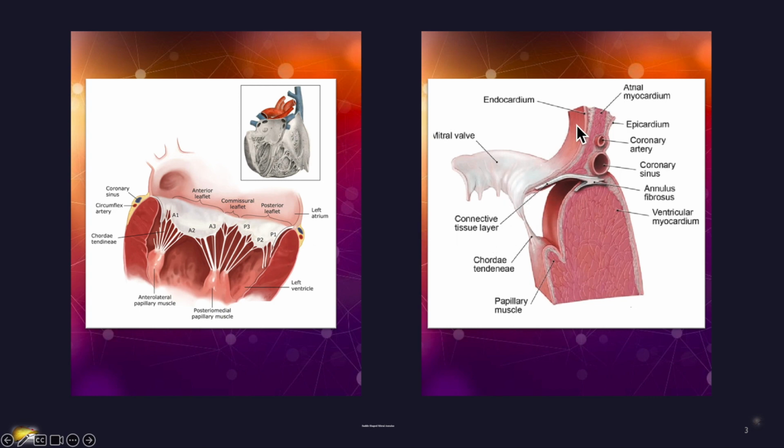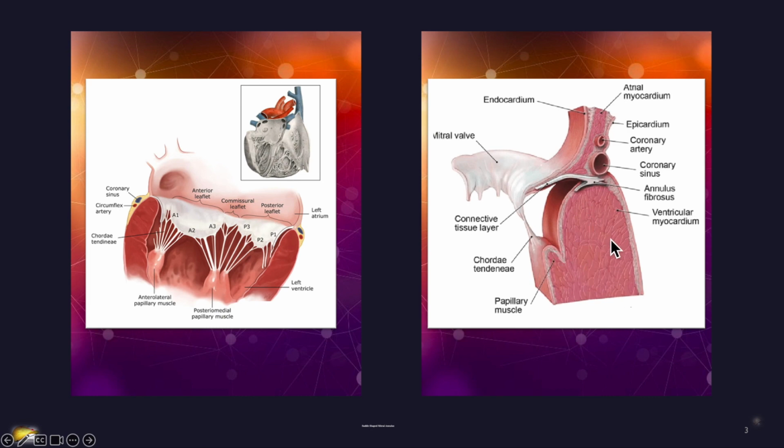In another cut section of the heart in a diagram, you notice this is the left atrium, this is the mitral valve, and this is the chordae which is attached to the margin of the mitral leaflet, called marginal chordae, or the primary chordae, attached to the tip of the mitral valve, called the tip mitral chordae.